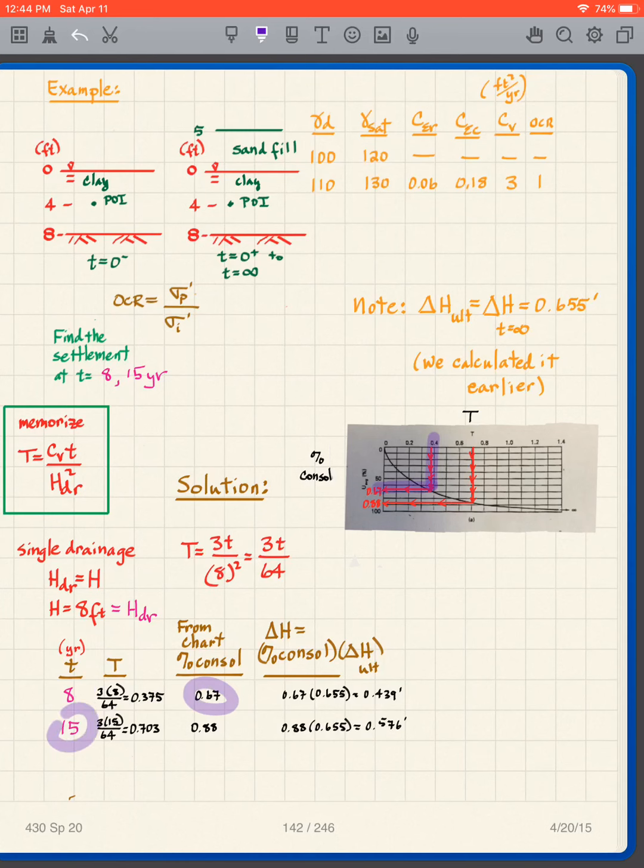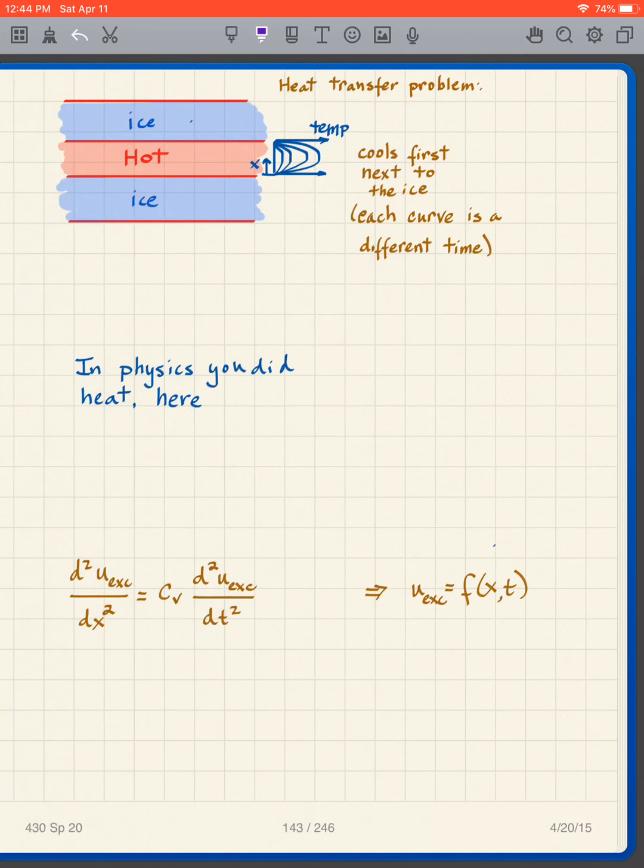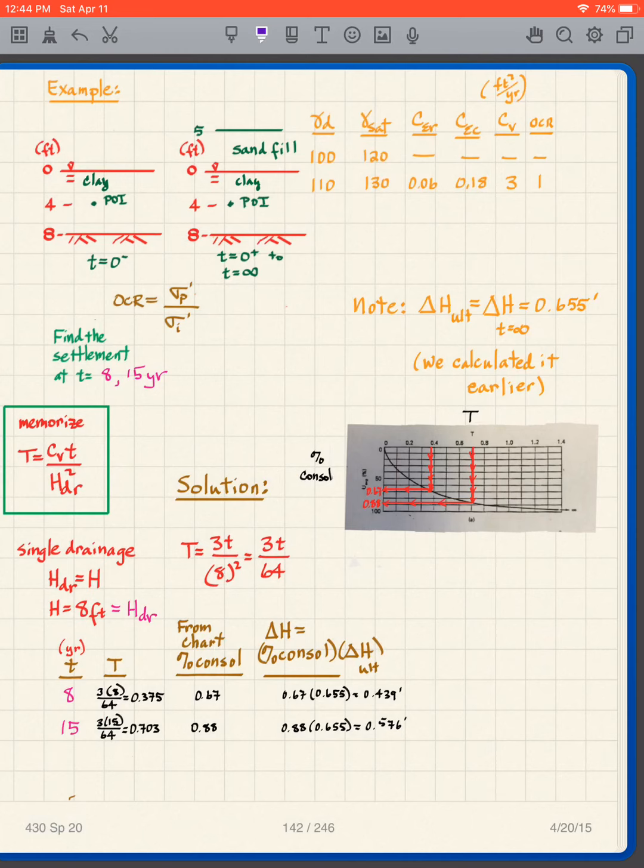I put in t equals 15. I come down here, 0.703 over, I get 0.88. Okay, that's all for that one.